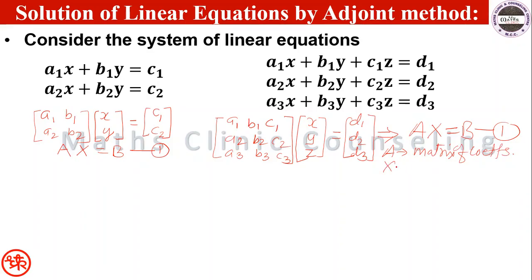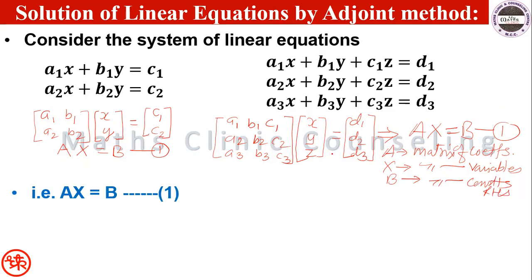X is what? X is a matrix of variables, unknowns. And B is what? The matrix of constants, right hand side. So any system 2 by 2 or 3 by 3 can be written in this form.